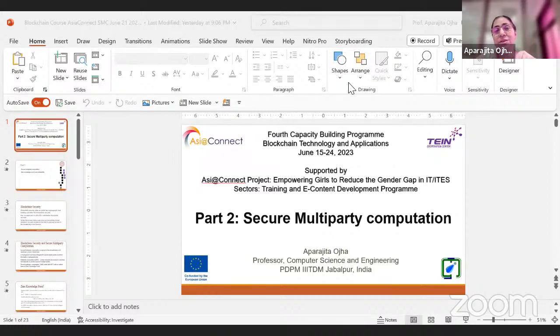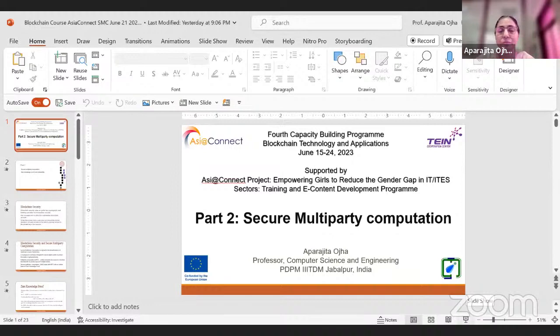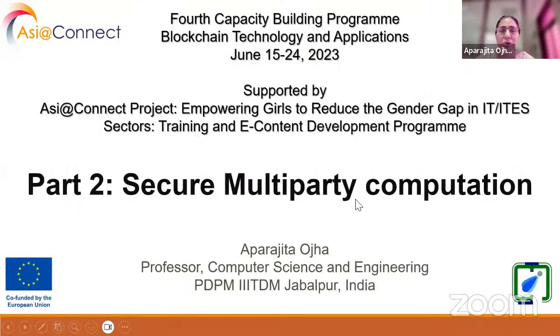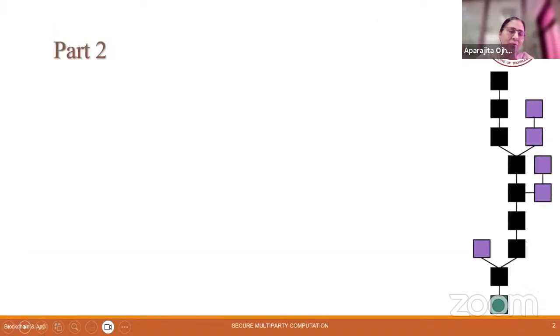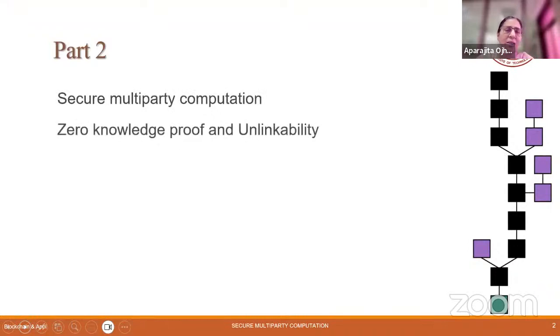It was already existing in the literature, but its importance was felt with blockchain, not chain code, with blockchain. So today we shall also be talking about secure multi-party computation. What is this? Let us begin with an introduction to secure multi-party computation, and then how it can be used for blockchain security.